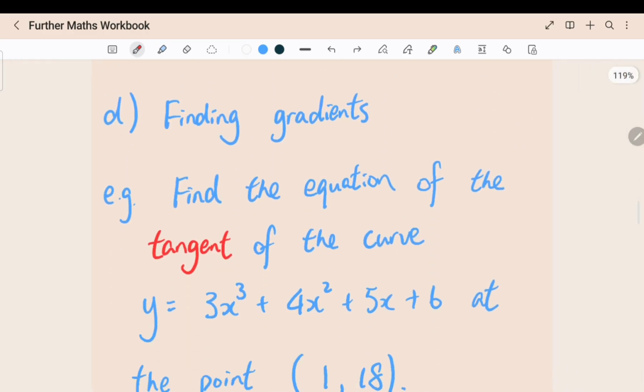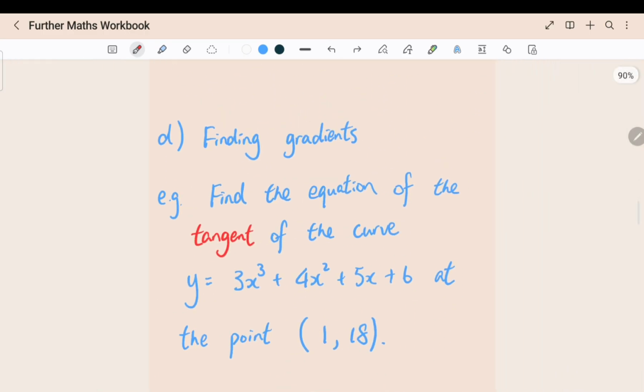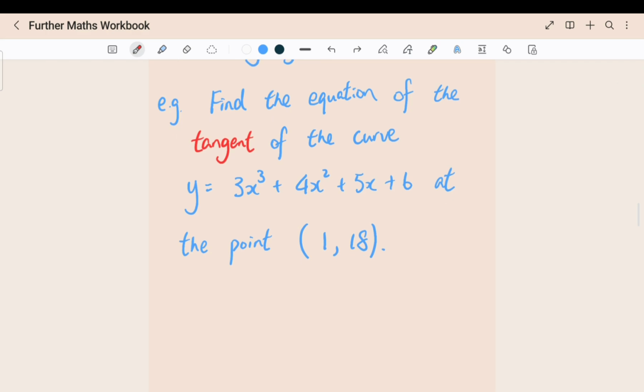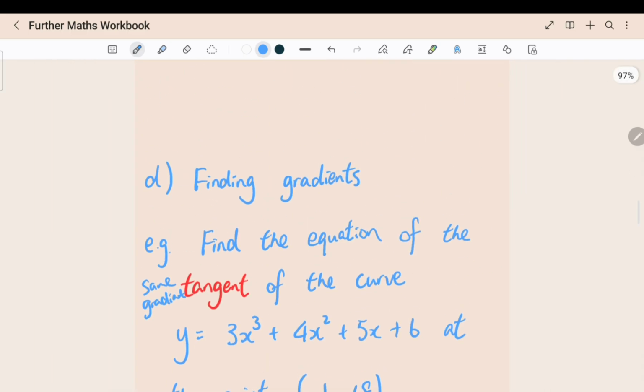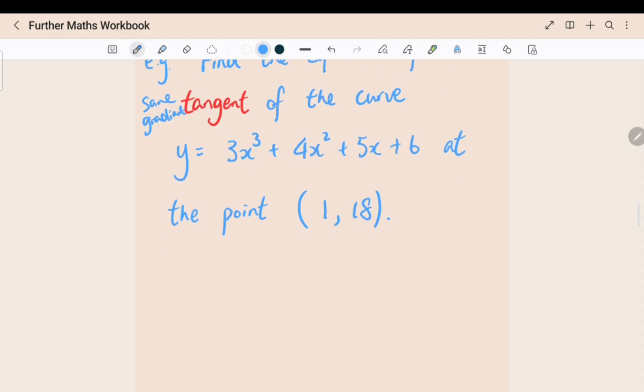Brilliant. So to find gradients of tangents, we need to know what tangents mean. For tangents, they have the same gradient. So let's have a look. We have this cubic. So if I put dy by dx to find the gradient, I get 27x squared. Nope, I get 9x squared because I'm doing 3 times 3, plus 8x plus 5.